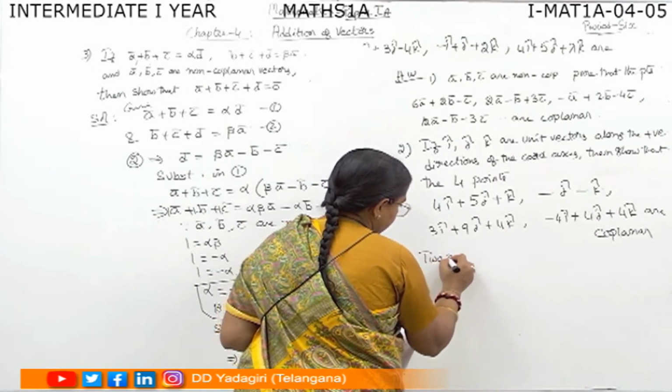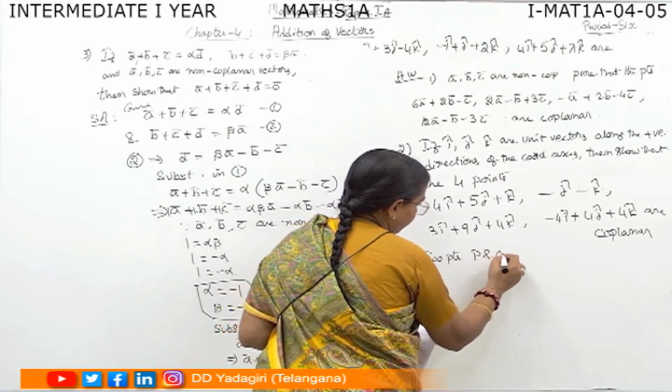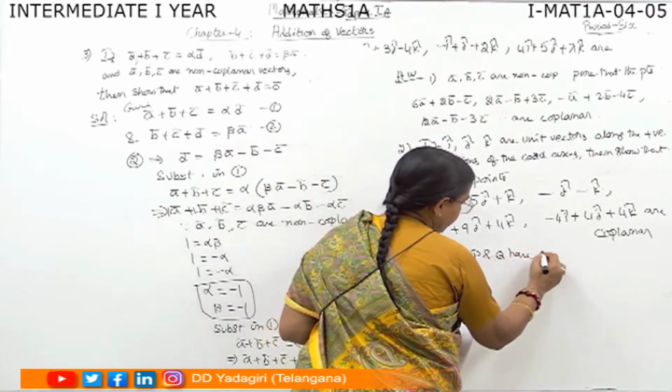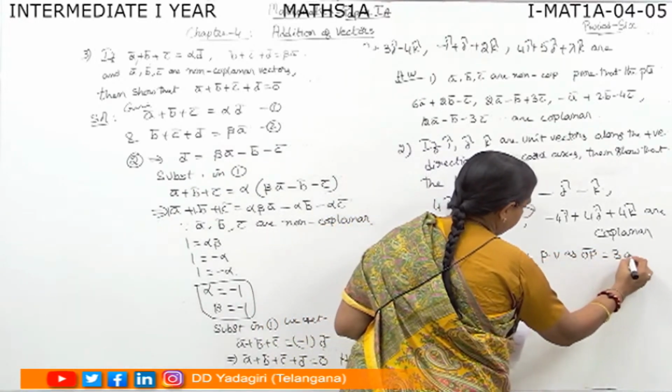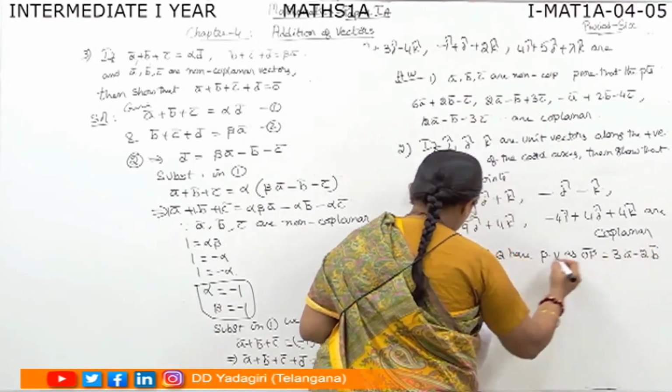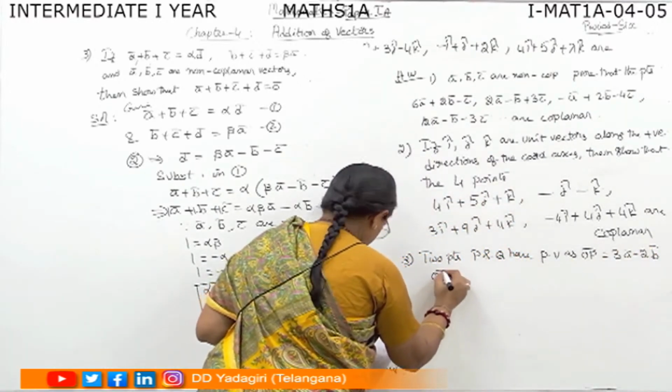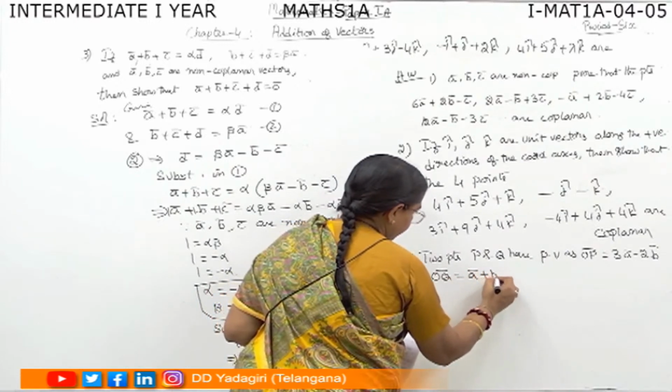Two points P and Q have position vectors OP equal to 3a minus 2b and OQ equal to a plus b.